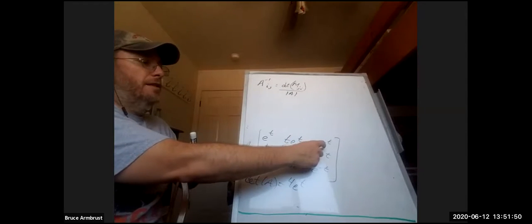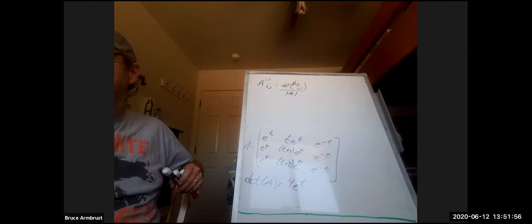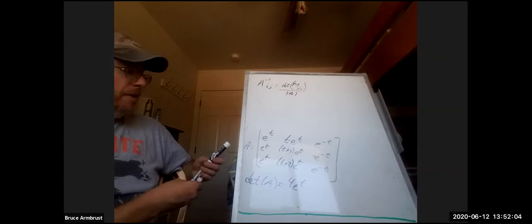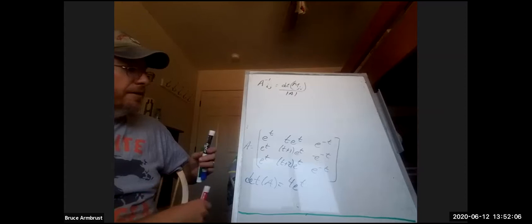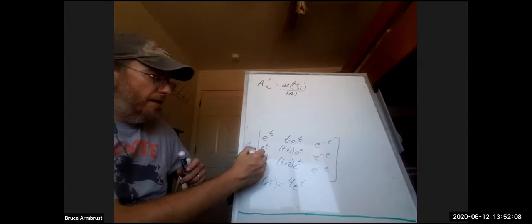So let's start with, I want the 1, 3 entry. So to get the 1, 3 entry, I'm going to look at the 3, 1 minor. The 3, 1 minor, 3, 1 is this spot.